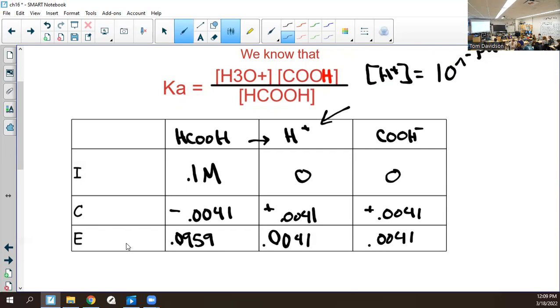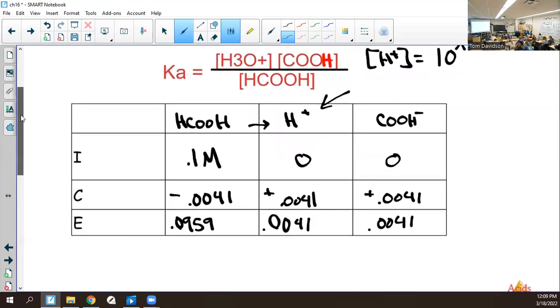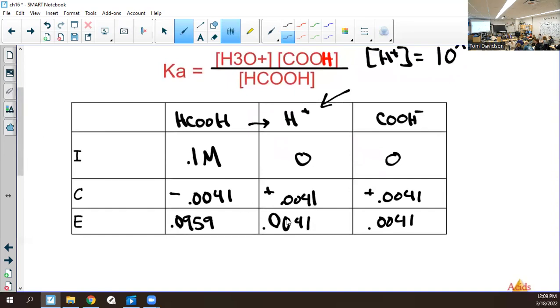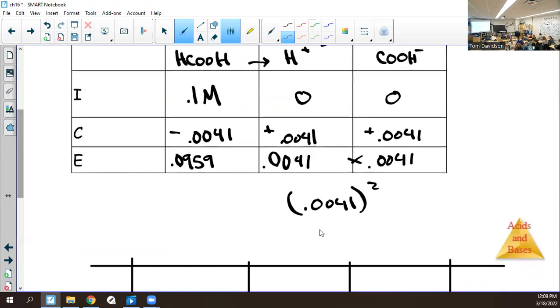Then what do we do with these values? Then we plug them in. So we would have 0.0041 squared, because I'm just multiplying those two, right? And I divide this by 0.0959.